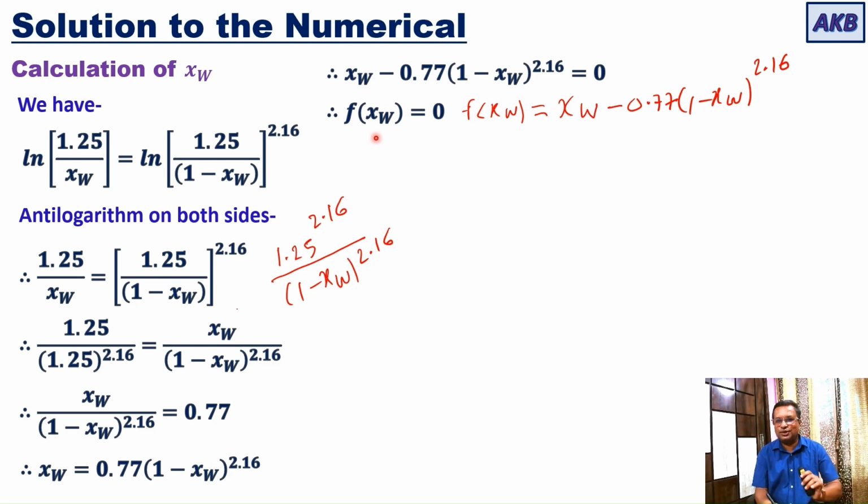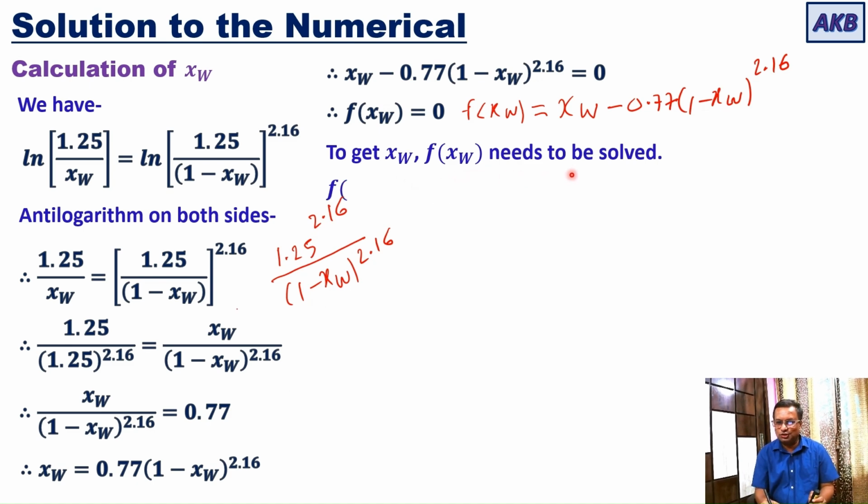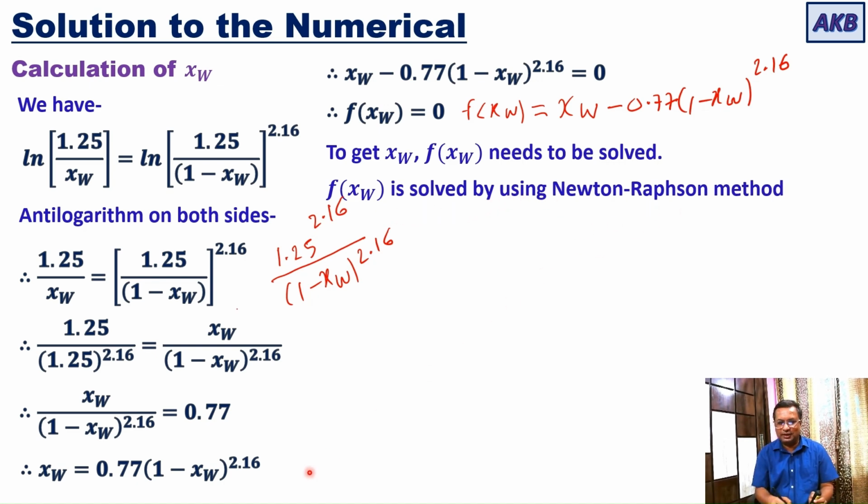The task is to solve this equation, that is, get the value of xw that will make this function 0. So, for this I am going to use the Newton-Raphson method. So, to get xw, f of xw needs to be solved, and in this case, I am going to solve it by using the Newton-Raphson method.